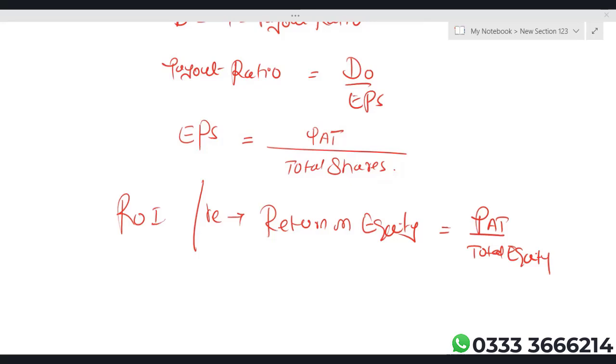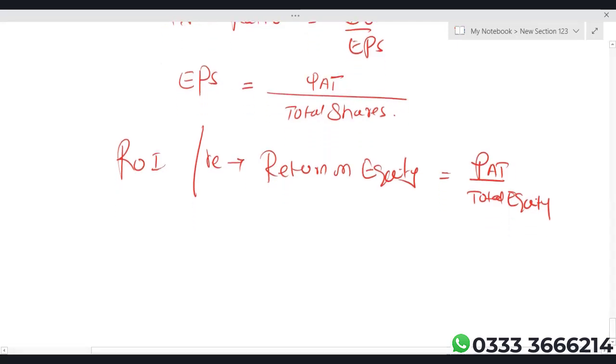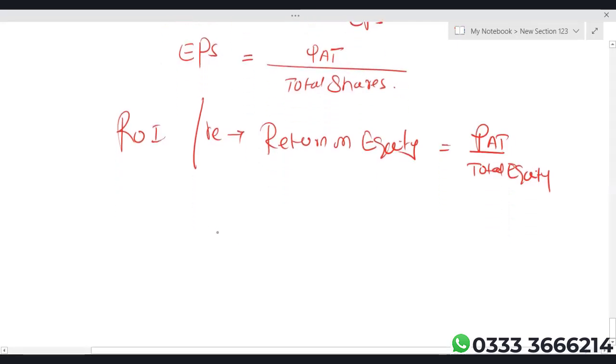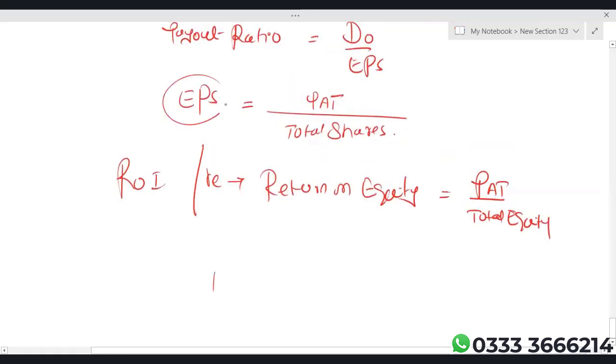How do we calculate earning per share? Profit after tax divided by total shares.